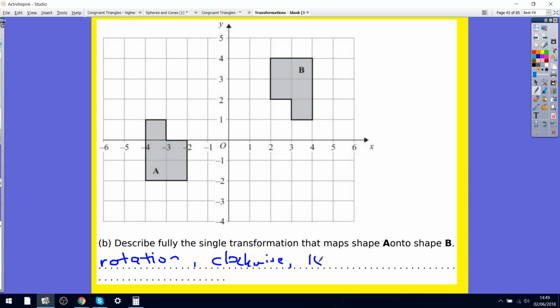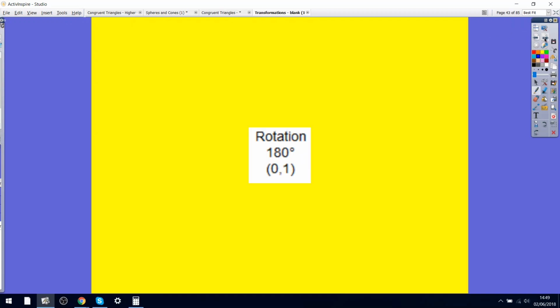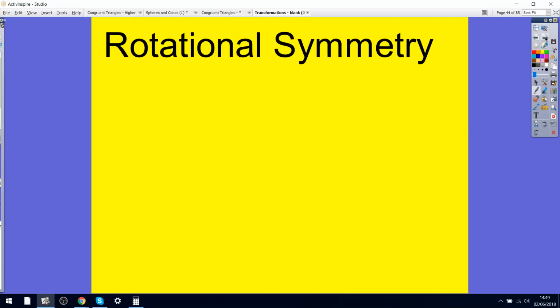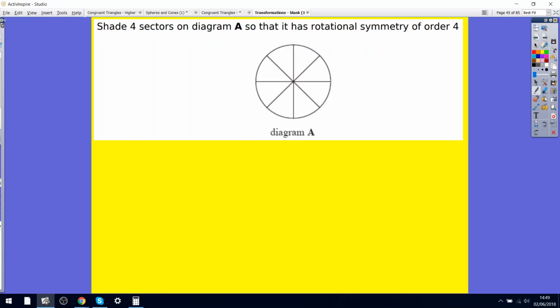Clockwise 180 degrees, and then you would have to say what the center of rotation is, and it looks like it's 0, 0 again. So yeah, 180 is actually special, where it doesn't matter. Both clockwise and anti-clockwise will work. But 180 is the only number that's true for. Okay, how do you do this?